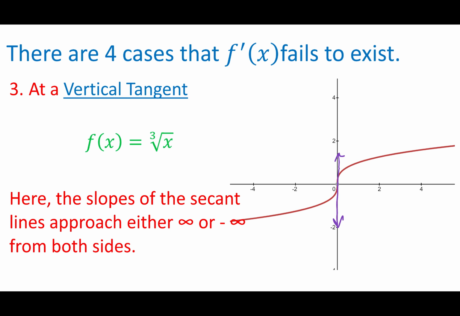Okay, so for a vertical tangent, slopes of the secant lines approach either negative infinity or positive infinity from both sides. Okay, creates that vertical tangent, creates a vertical line. Can't find the slope of a vertical line, it's undefined. So we have corner, we have cusp, we have vertical tangent. We'll do our next one.